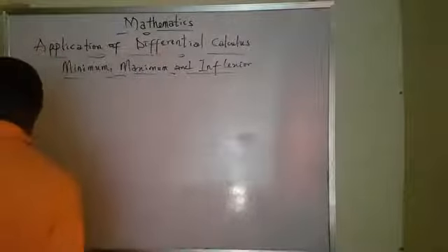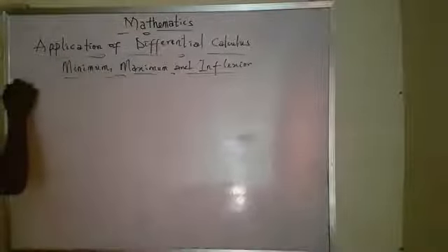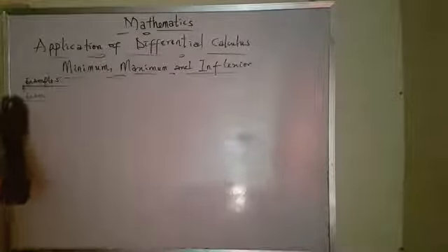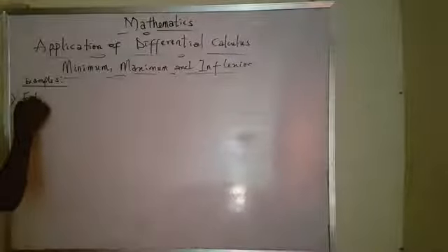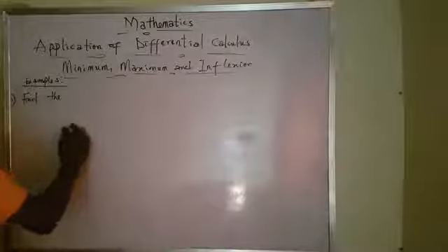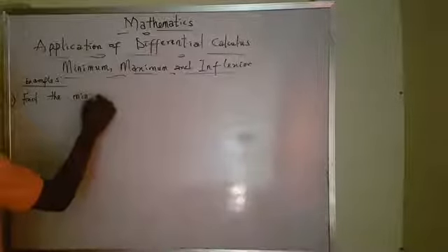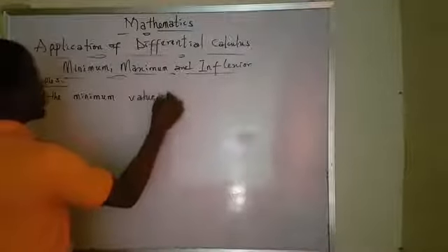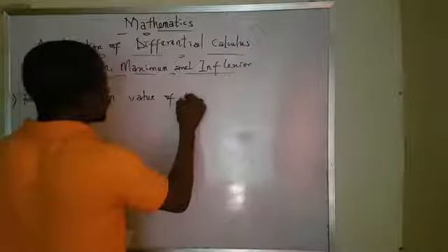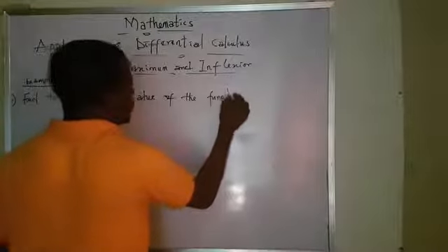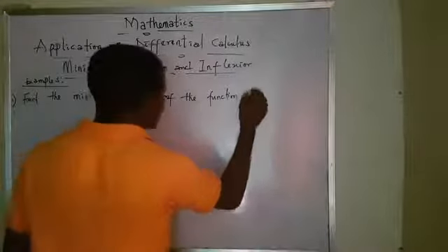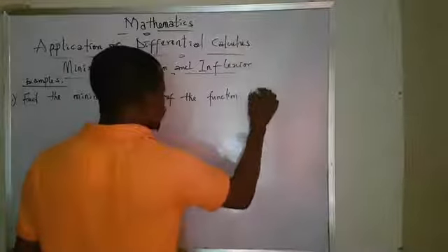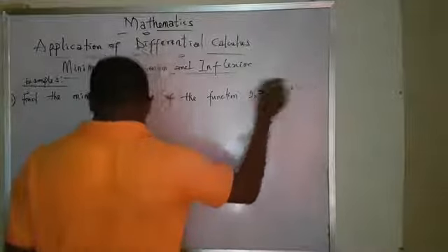Now we have this question. It said, find the minimum value of the function 2x cubed minus 6x squared.